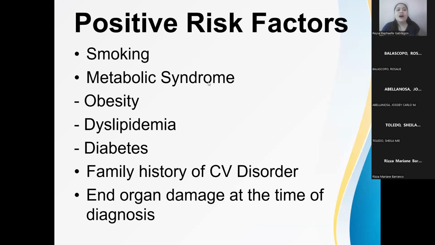Okay? So what are the positive factors that will contribute to having hypertension? So number 1 there is smoking. Class, nicotine is a chemical substance. Actually, it's a phytochemical from the plant.